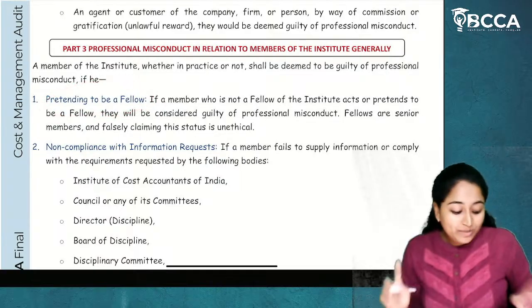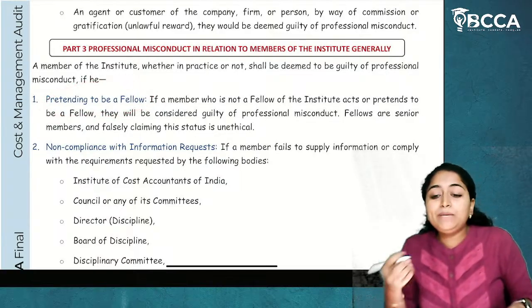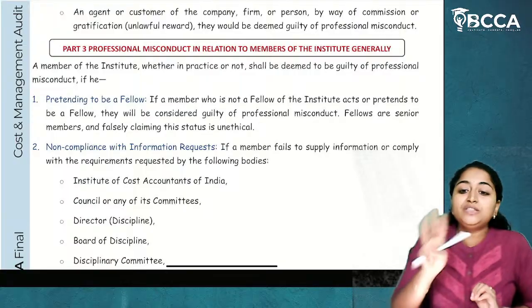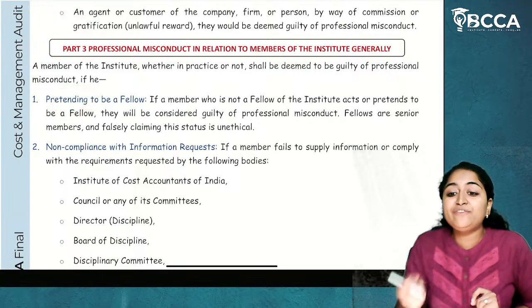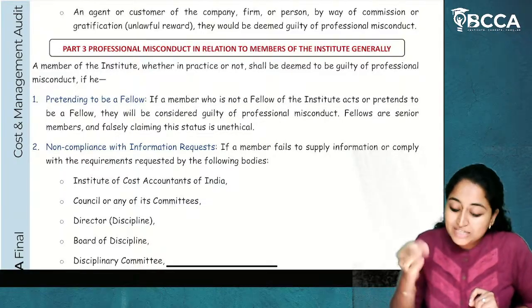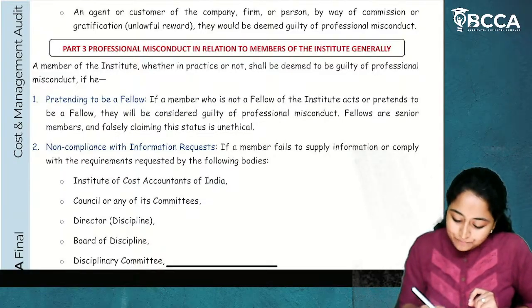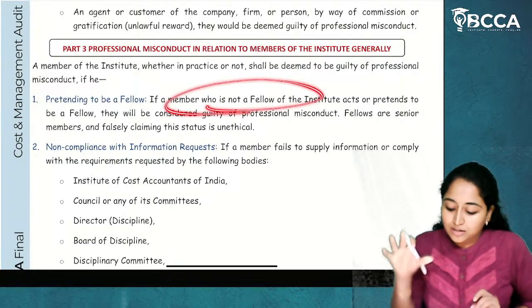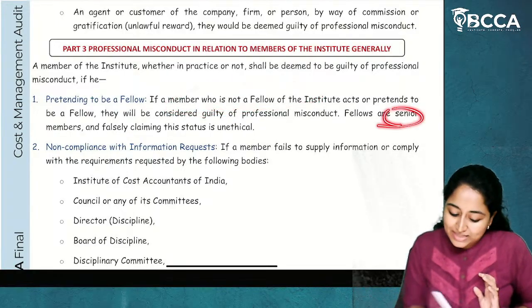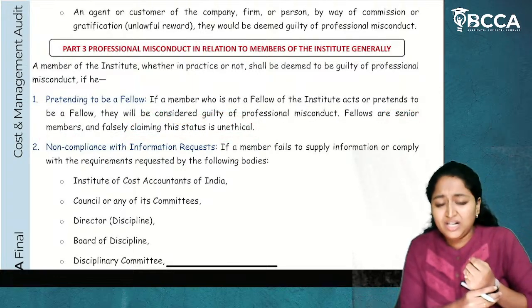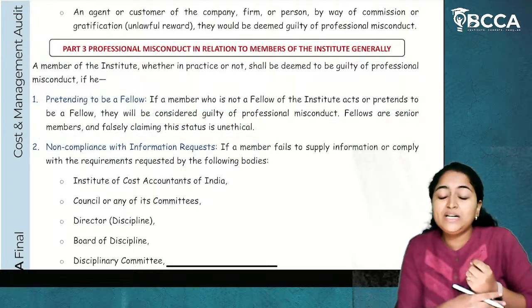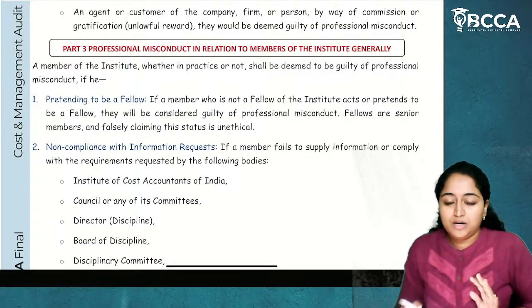First, pretending to be a fellow member. Now, you can become a member of institute if you have 3 years of experience, then you can apply for membership. Then you will be called a fellow member if you are a senior member of that particular institution.